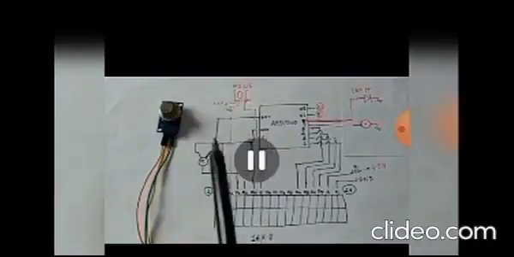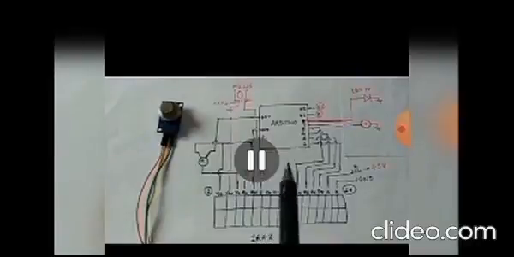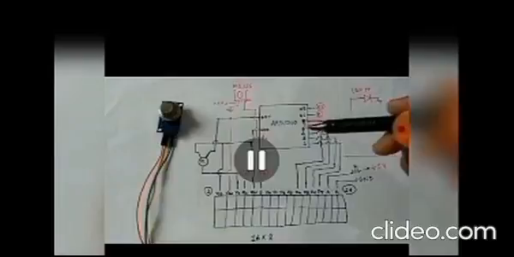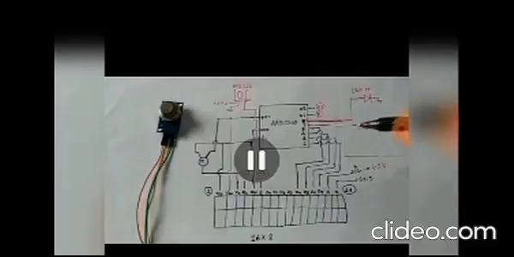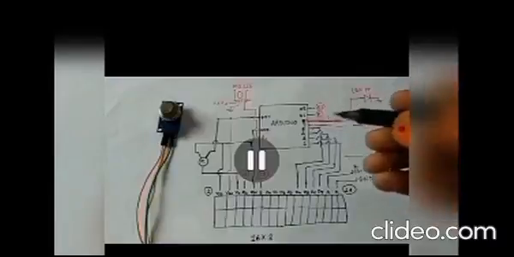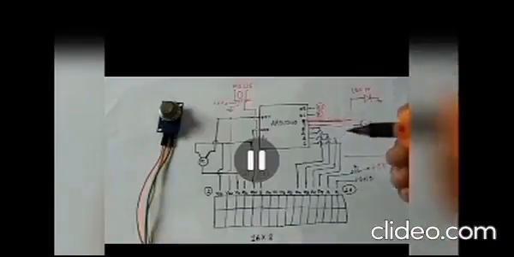I have interfaced the 16x2 LCD to the Arduino. Then for output, I have connected a buzzer to pin number 8 of the Arduino, and whenever the air quality is above the threshold level, the buzzer turns on.